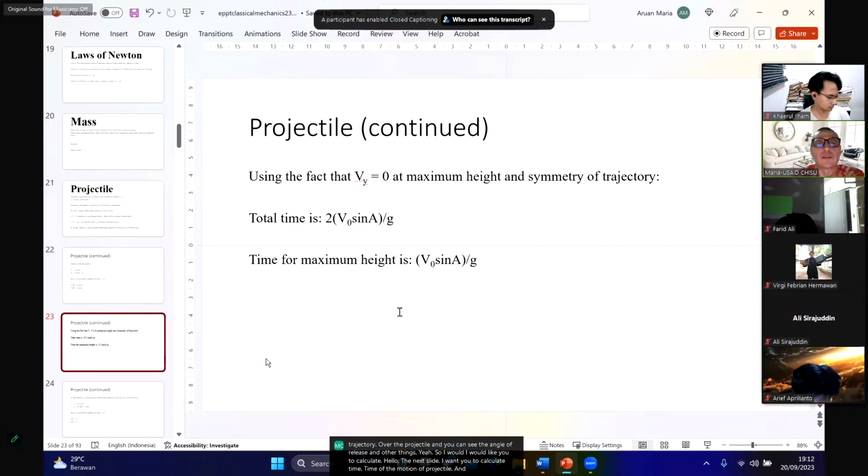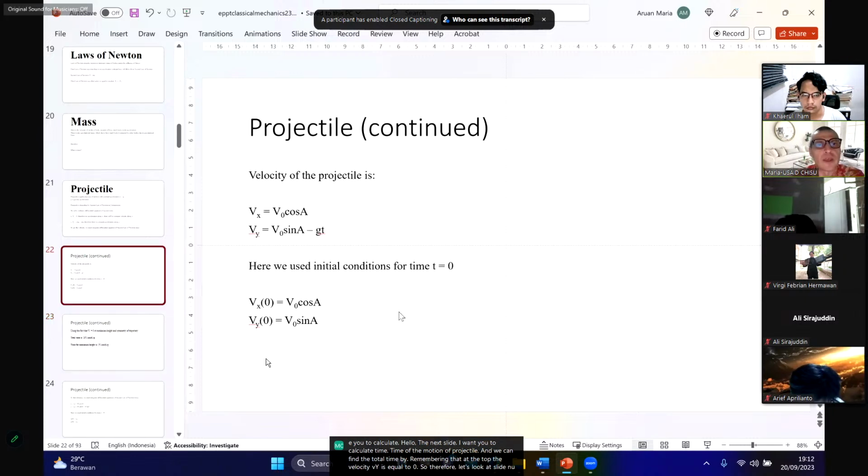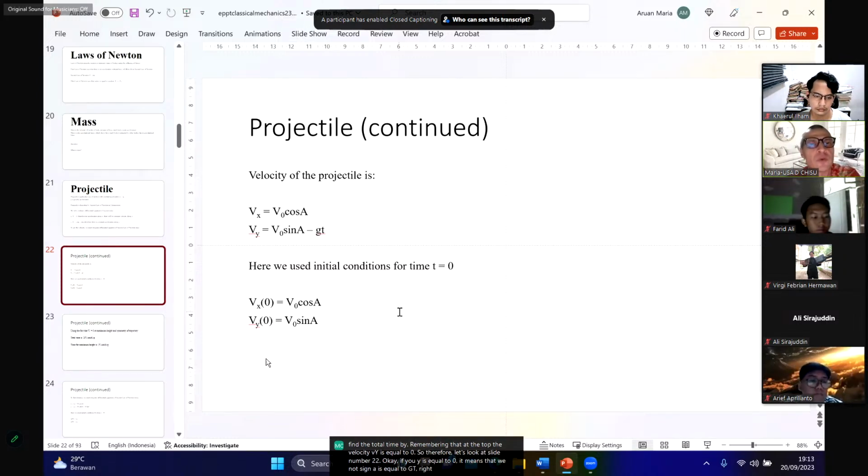And we can find the total time by remembering that at the top, the velocity Vy is equal to 0. So let's look at slide number 22. If Vy is equal to 0, it means that V naught sine A is equal to gt, right? Because we know Vy is 0, the second equation on slide 22. So that will give us the time of the maximum height.